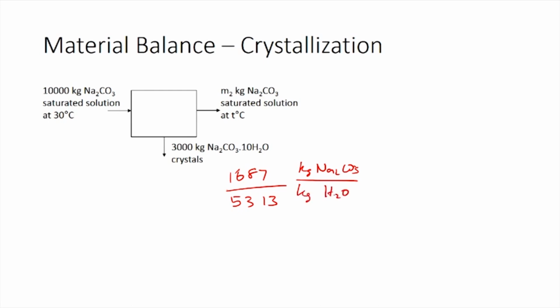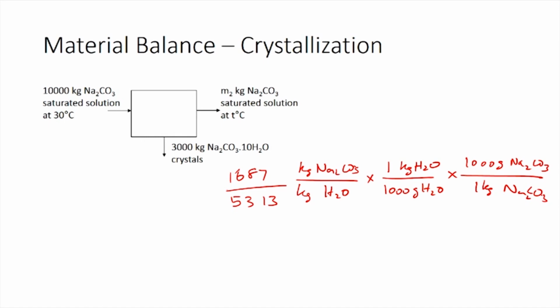Now, first thing we need to do is convert these kilograms into grams. So, that we can do by 1 kilogram of water divided by 1000 grams of water times 1000 grams of Na2CO3 divided by 1 kilogram of Na2CO3.